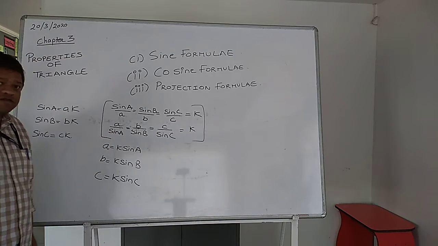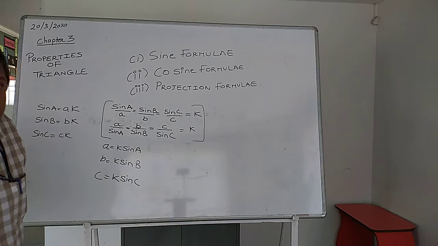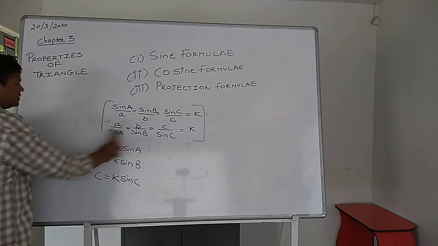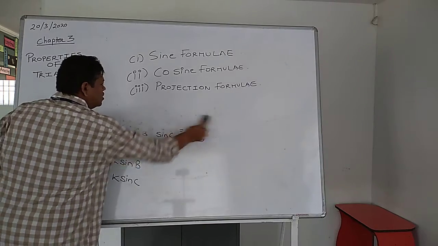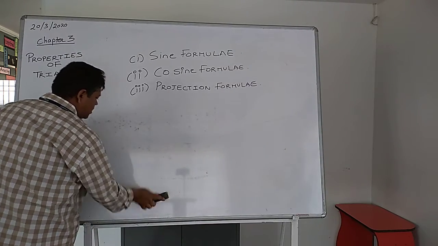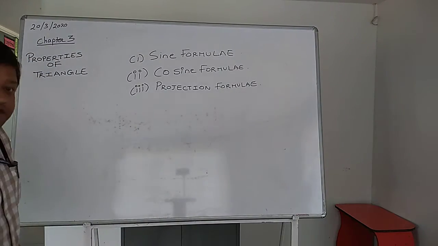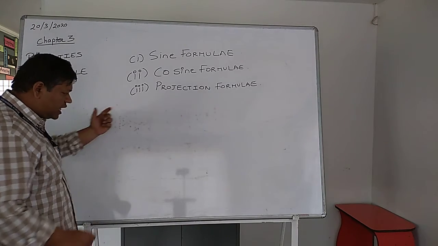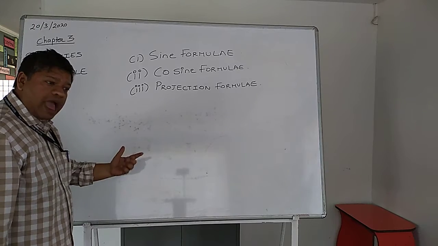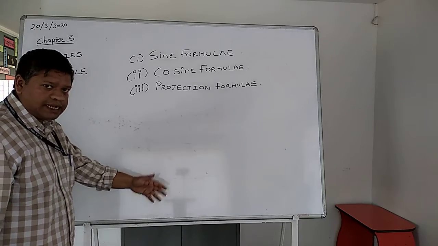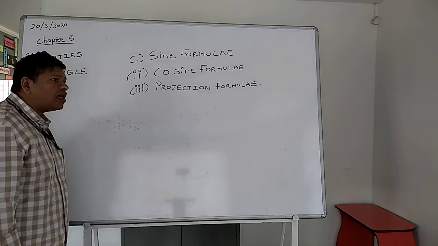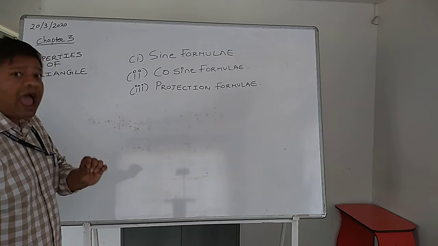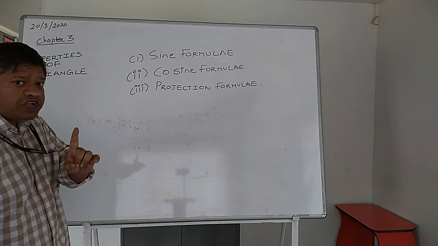Now coming to the other formula, which is cosine formula. Please see to it how the cosine formula works. The sine formula was a relationship between all the three sides a, b, c and all the three angles sin A, sin B, sin C. While the cosine formula is a relationship between all the three sides and only one angle of the triangle.